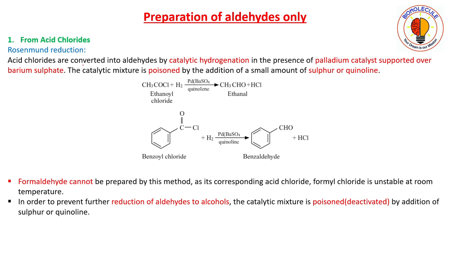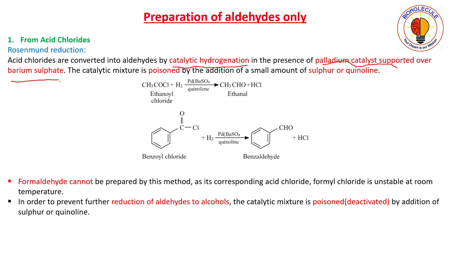From acid chloride, how can we get our carbonyl compound, rather aldehydes? In the Rosenmund reduction, acid chlorides are converted into aldehydes by catalytic hydrogenation in the presence of a palladium catalyst supported over barium sulfate.